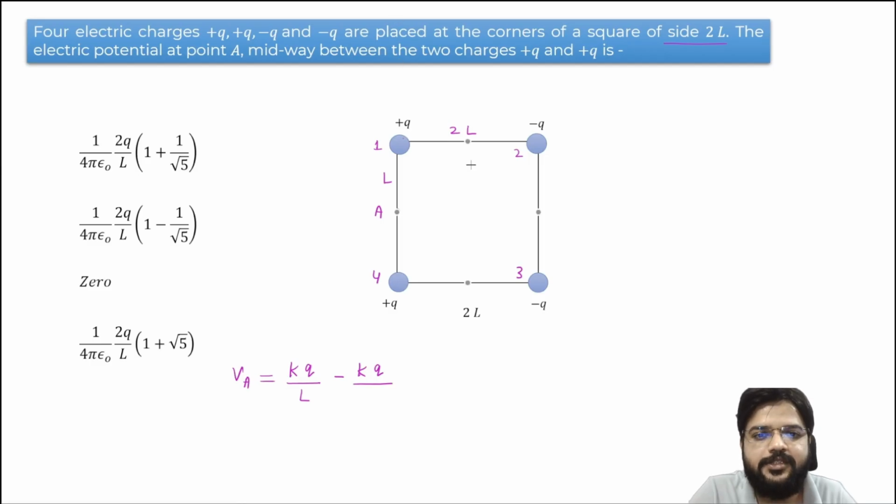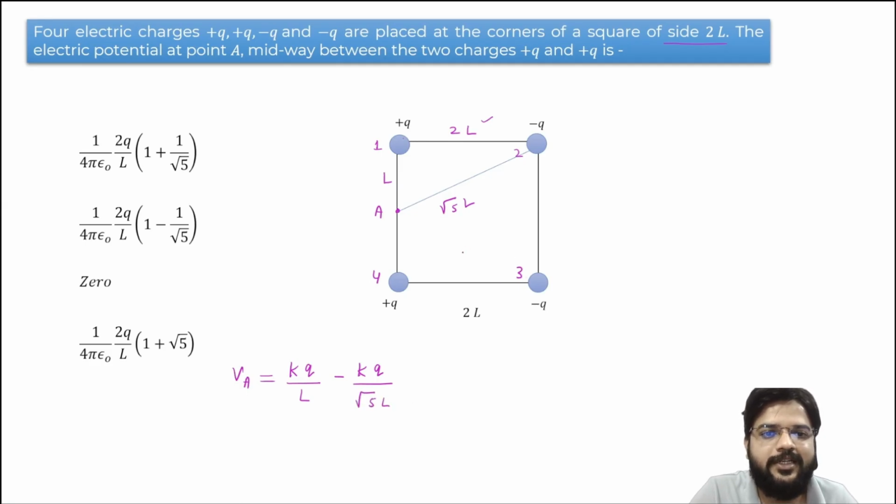Now we want distance between A and minus q charge. And what is this distance, everyone? If we use here Pythagoras theorem, this is 2L, this is L, so this is root 5 L. Correct. So minus kq by root 5 L we will get.